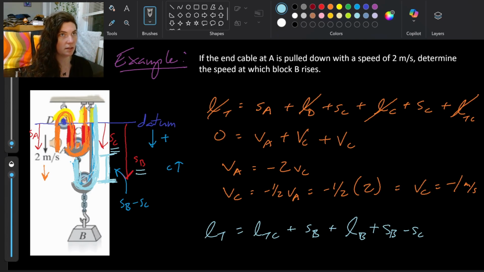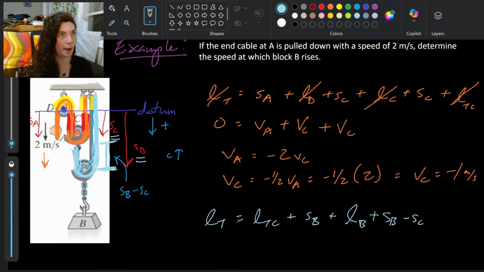That's the total length. So we're going to go ahead and get a velocity relationship now. I take the derivatives. These unchanging lengths go to 0. I get 0 is VB plus VB, that's 2VB, minus VC.